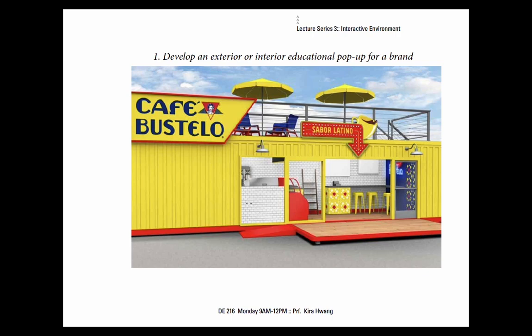Cafe Bustelo is a really renowned coffee brand. As you see, they're renowned for their packaging, a brick-like package with the yellow background and navy type, and they also have a very distinctive logo. Everybody could recognize this brick-like container, their packaging.